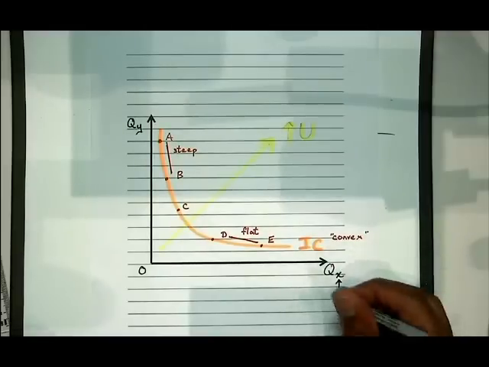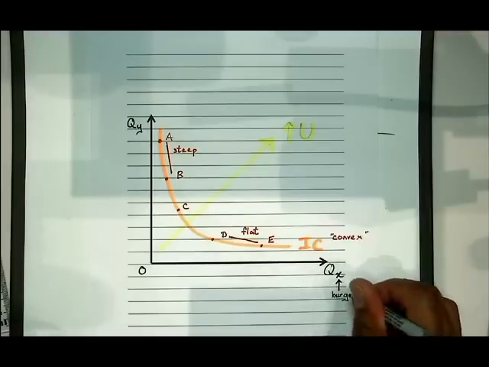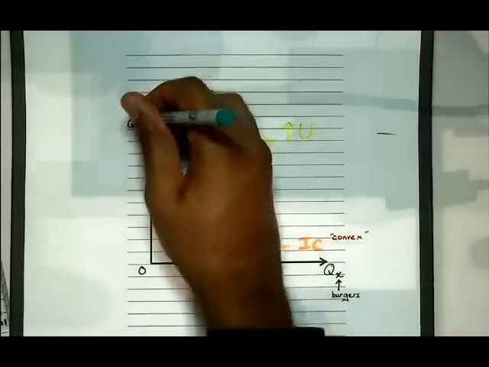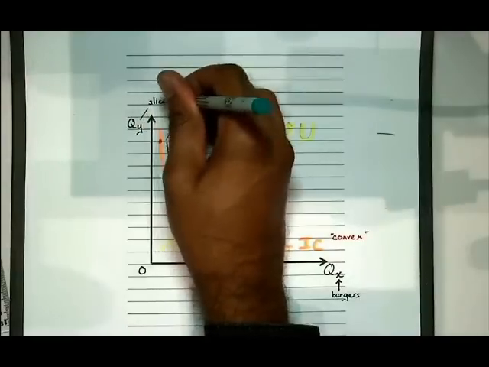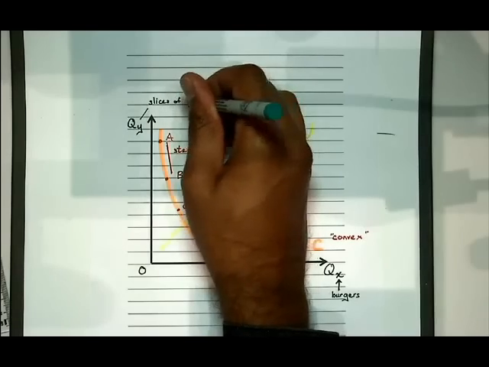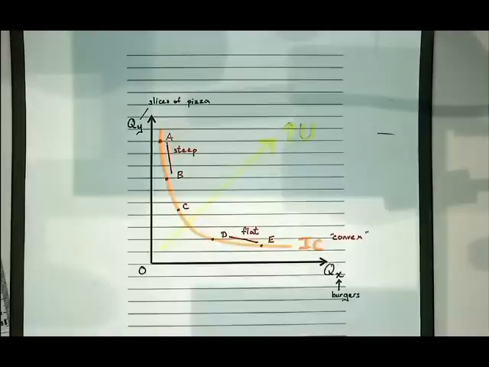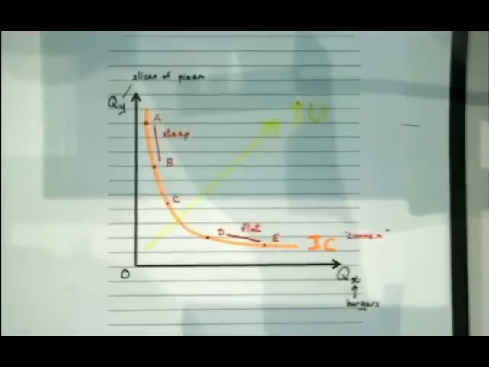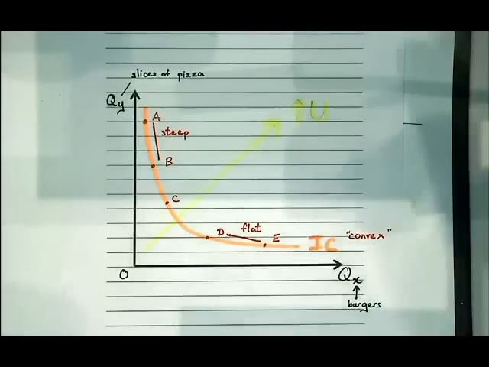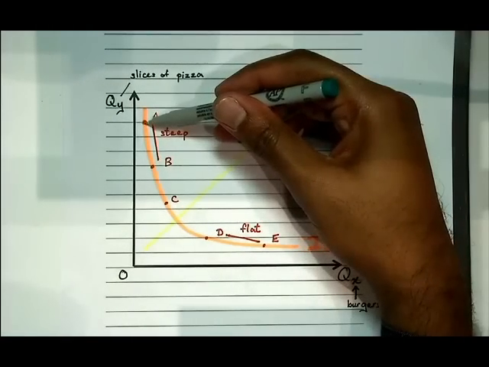Let's say X represents burgers and Y represents slices of pizza. So the two products are burgers and slices of pizza. At point A, what does the consumer have a lot of? Lots of slices of pizza, right?